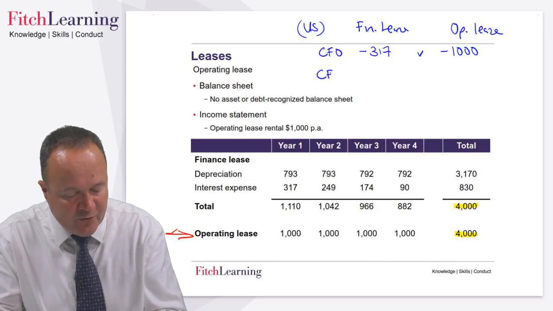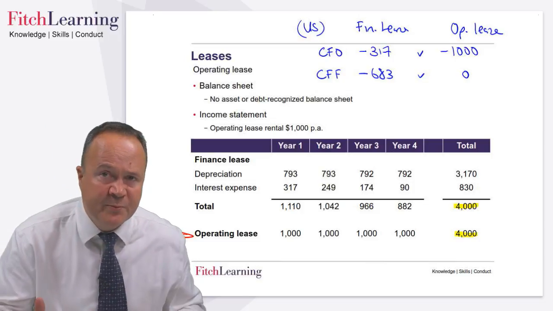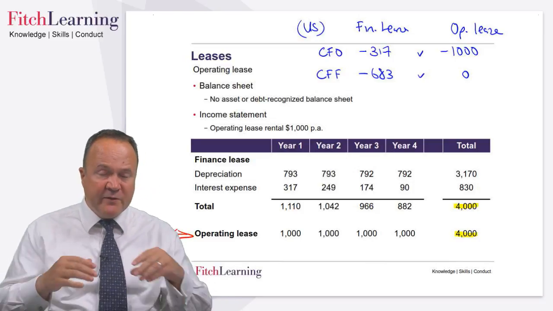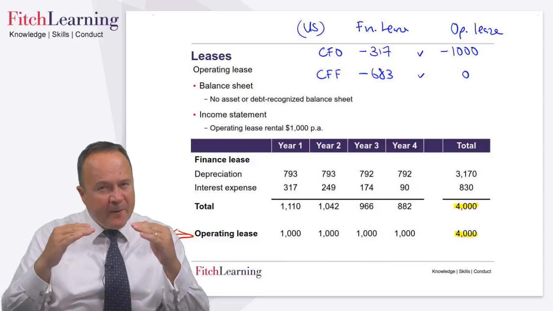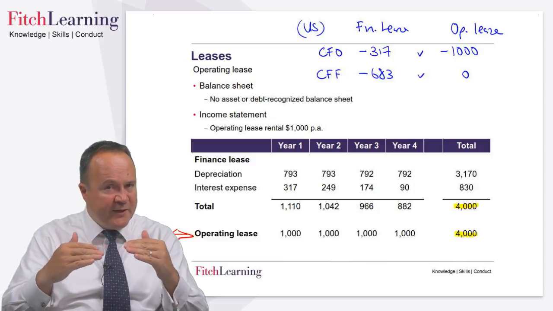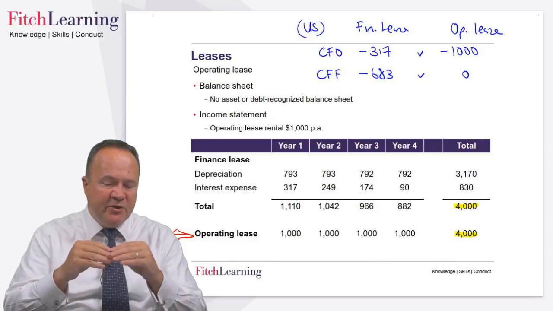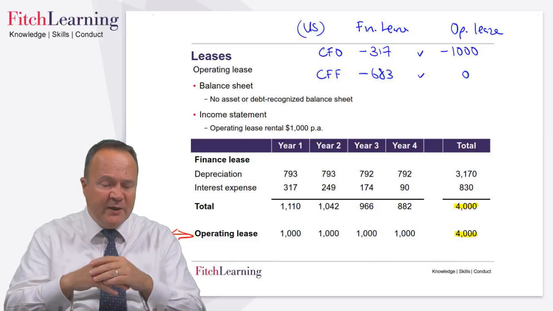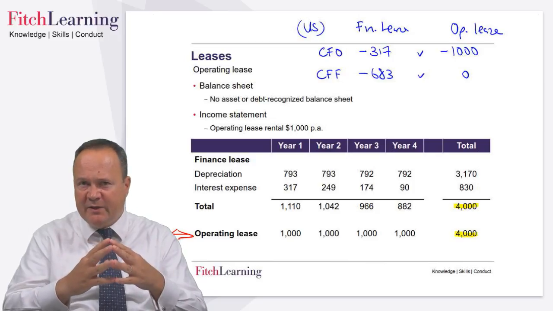In terms of the principal, we'd have an outflow of 683. There's no principal for an operating lease. So again, in terms of total cash flow, clearly 1,000 equals 1,000. But if we ask you about the breakdown, we can see that with a finance lease, because you've got a lower outflow, you end up with a higher balance for CFO, but then the opposite applies for CFF.